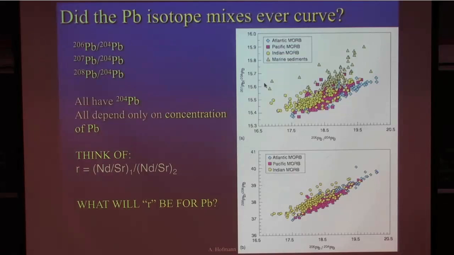Or if you're looking at a volcanic system on a continental crust and you're interested to see whether the small trend you're seeing is crustal contamination, can you make a crustal contamination mixture between what you think is the upper crust or the lower crust, whatever you think is mixing, and the original melt? Those kinds of questions you can play with. And it doesn't really matter what isotopes you want to use. You can do the same exercise, just replace the isotopes and the concentrations with the relevant ones for your problem.